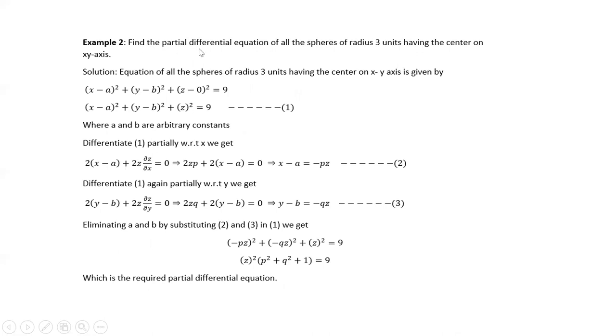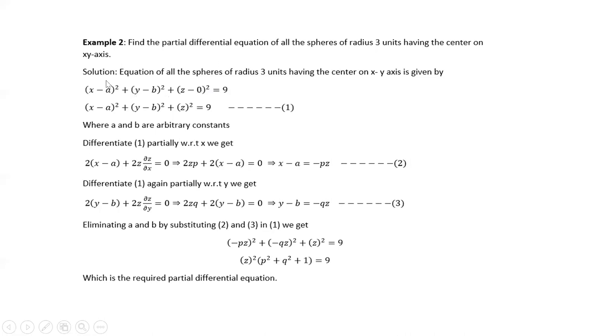Next question, find the partial differential equation of all the spheres of radius 3 units having the center on the xy axis. So what is the meaning of center on the xy axis? There is no z coordinate. Because there is no z coordinate, we have z minus 0 as 0. So this term is not there. Z coordinate is 0.